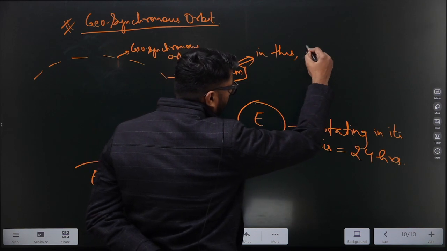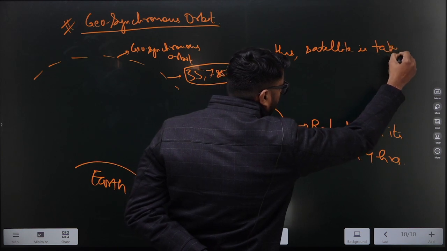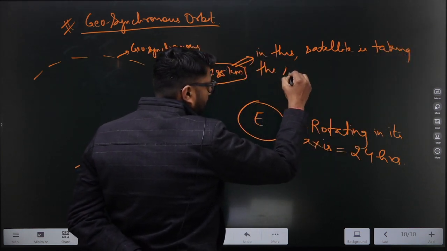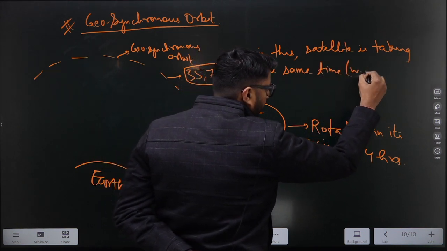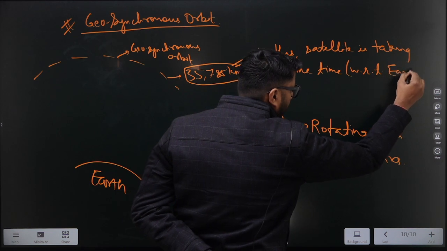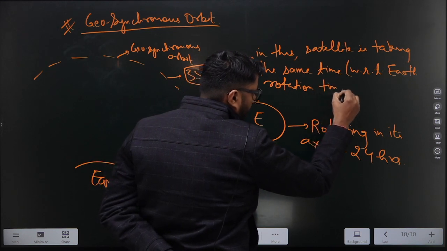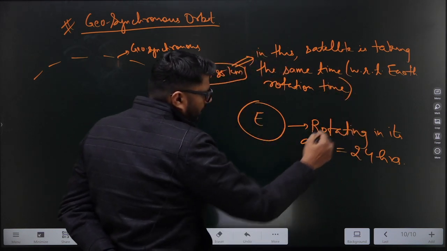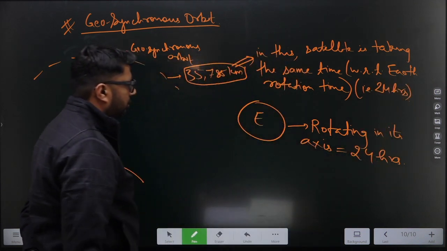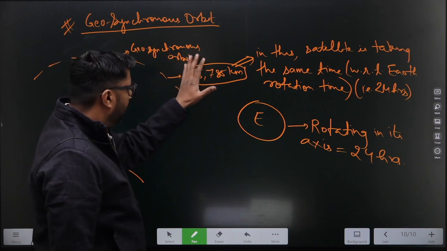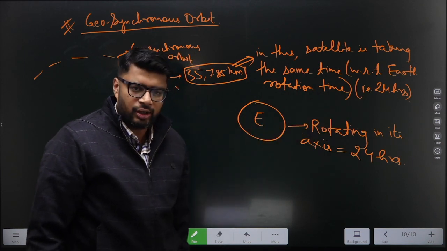So the satellite takes the same time with respect to the Earth's rotation time, that is 24 hours.